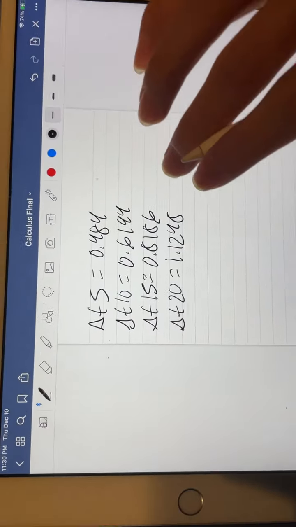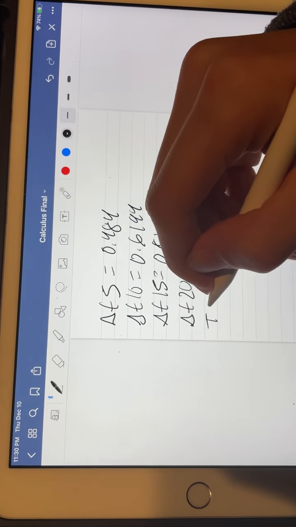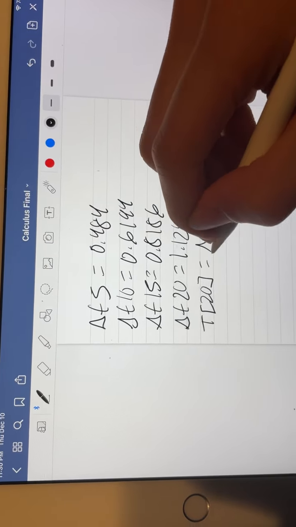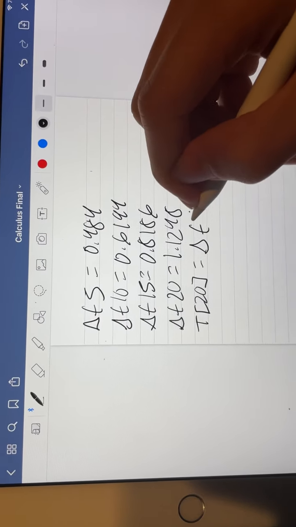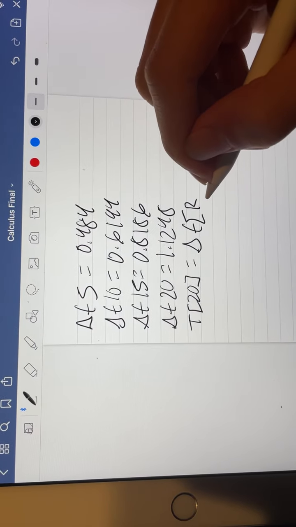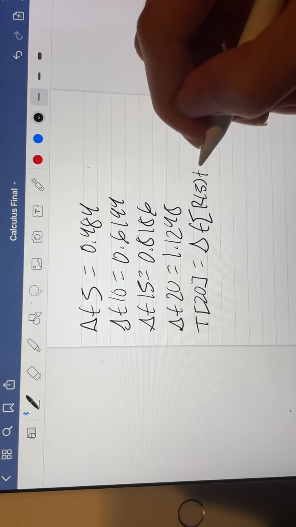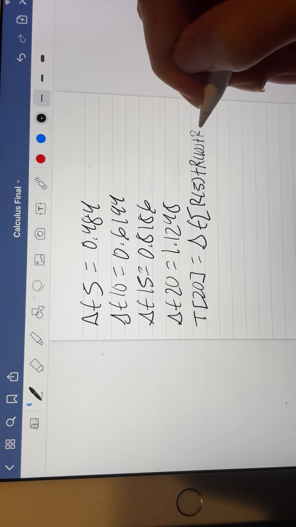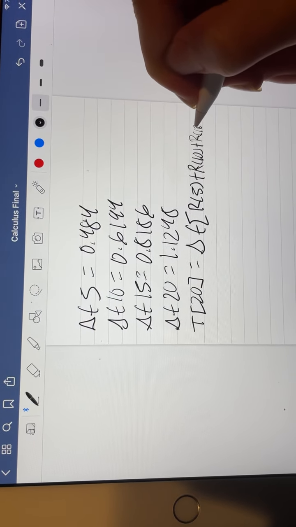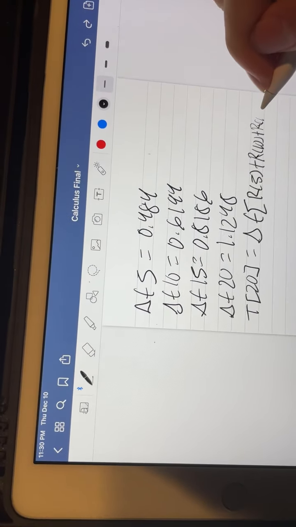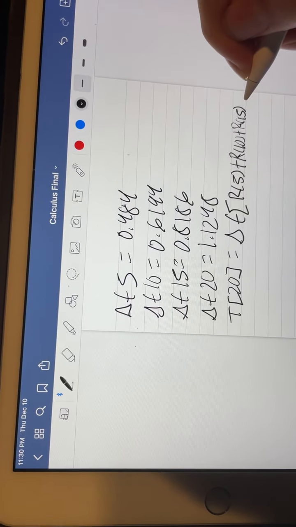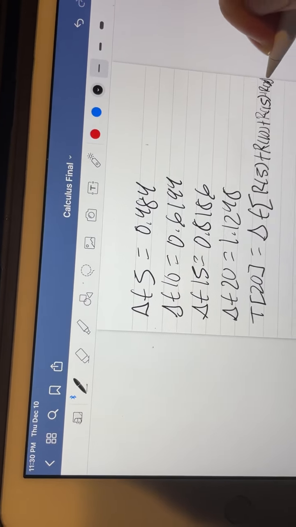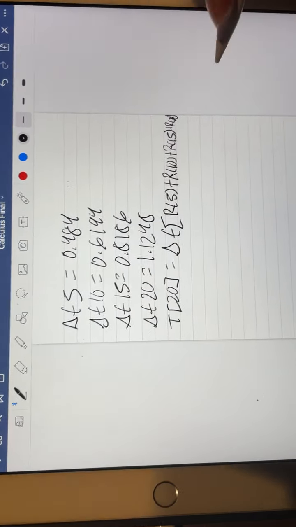So T20 would be this equation. You take delta t and you go R5 plus R10 plus R15 and then you get R20. So that's R20, in case you're wondering.